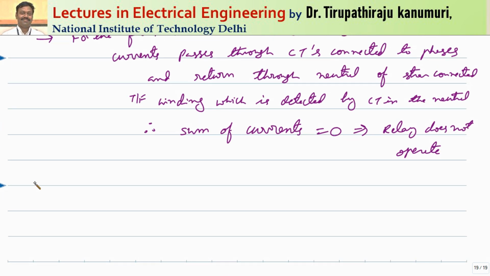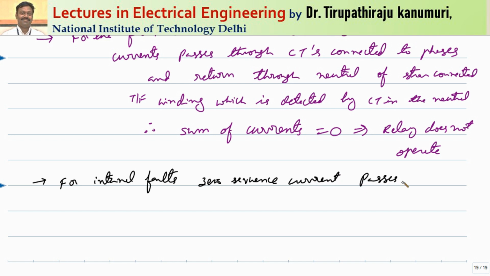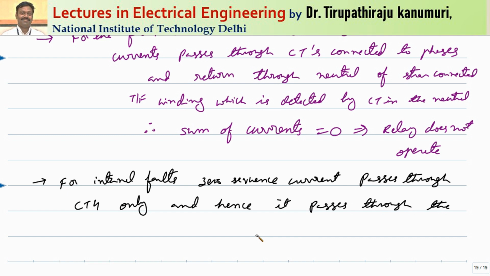So now I can summarize here for internal faults. Zero sequence current passes through CT4 only, and hence it passes through the relay and the relay operates.